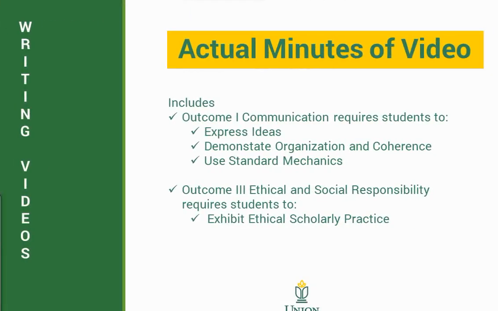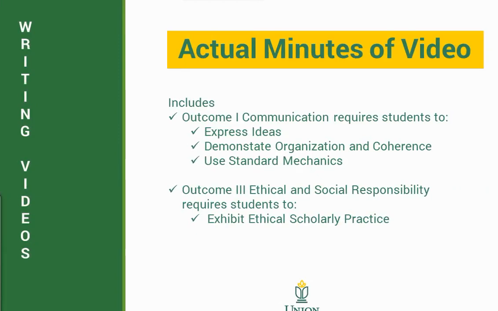At Union Institute and University, we not only teach content, but we are all writing teachers. So let's make use of this in adding time to our courses. University Outcome 1, Communication, requires students to express their ideas, to demonstrate organization, to use standard mechanics.